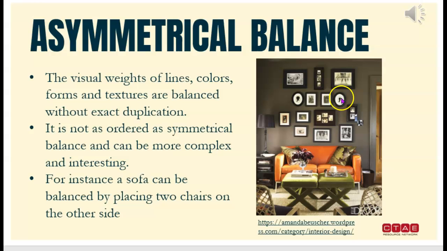Here we have a collage wall, which is not symmetrically balanced, but it is asymmetrical because we don't have the same end table on the opposite side of the couch. And also on the collage wall, not everything is the same, so it is asymmetrical.